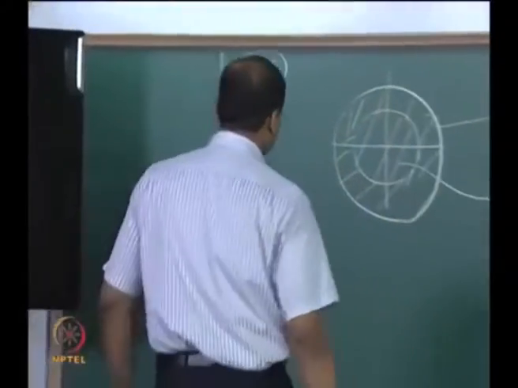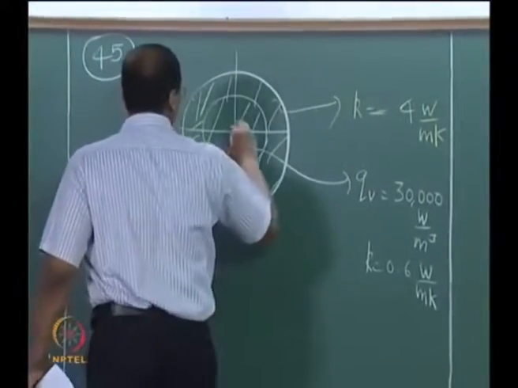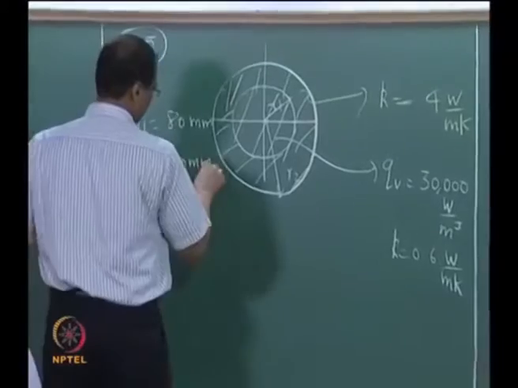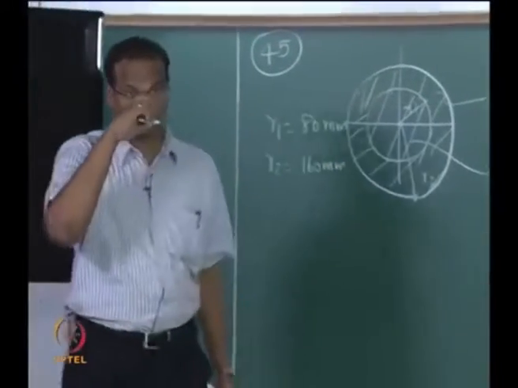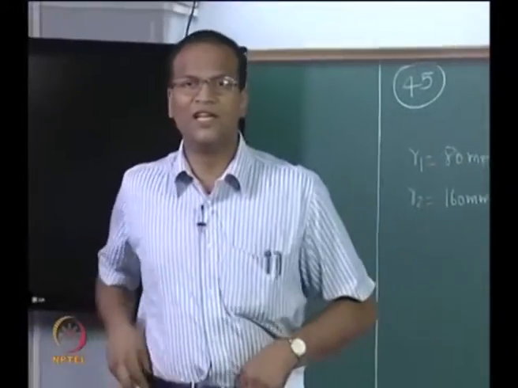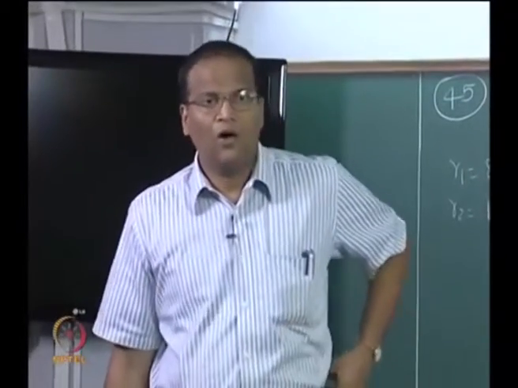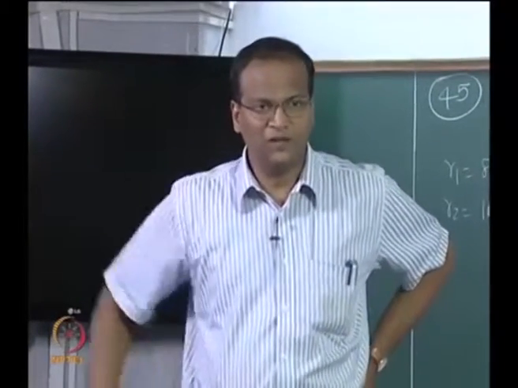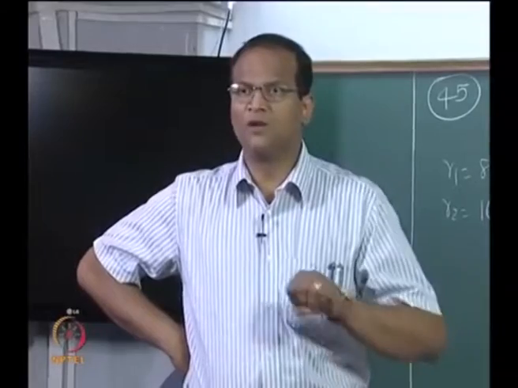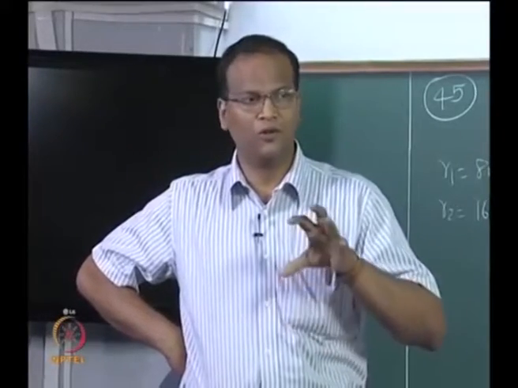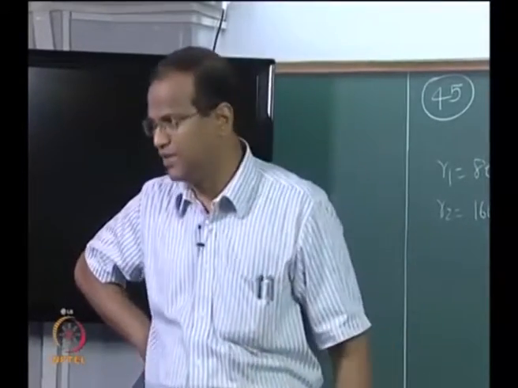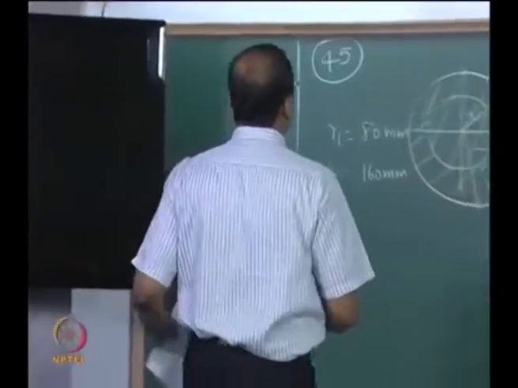Now I have given you the radii. So steady state, one dimensional, all the heat which is generated from within is transported across to the boundary, goes on to the tube and is picked up by the fluid on the outside. The fluid on the outside has got these conditions.